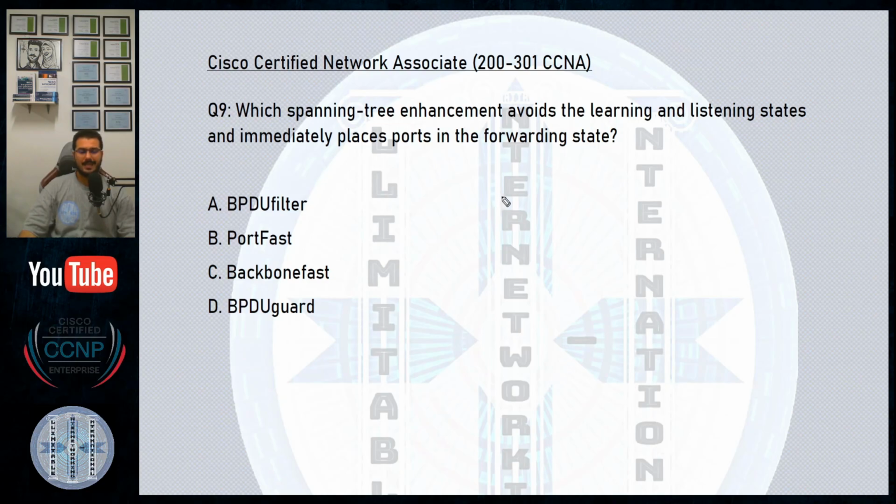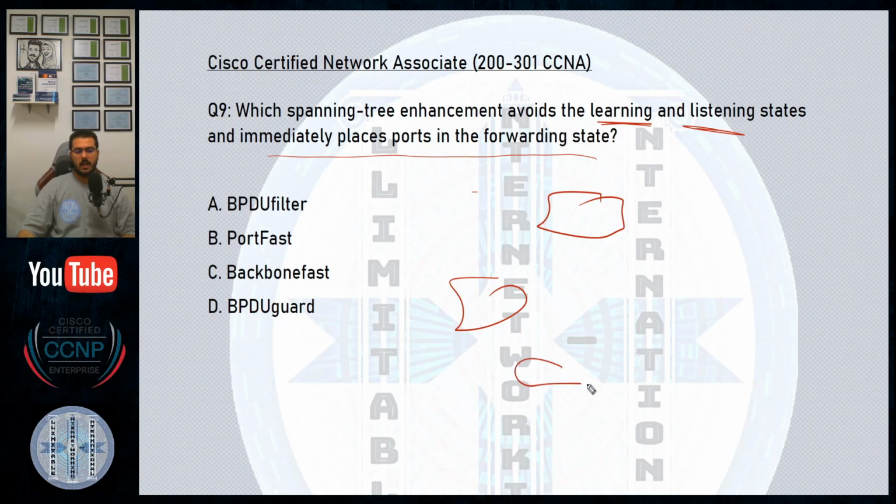Which spanning tree enhancement avoids the learning and listening states and immediately places the port in the forwarding state? Port fast. If you have multiple switches connected in a closed ring topology, you will definitely need spanning tree protocol with its election.